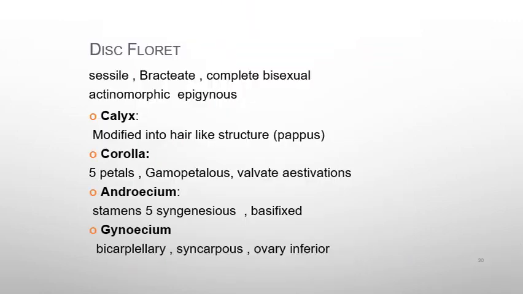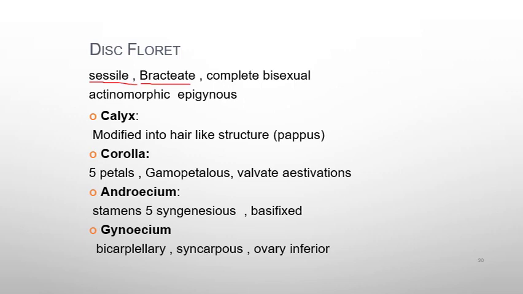So now we discuss a brief diagnostic feature of another flower, that is the disc floret, which is part of the capitulum inflorescence or head. Similarly, without any stalk-like structure or pedicel, the flower is sessile. Bracts are present, due to which the flower is bracteate.